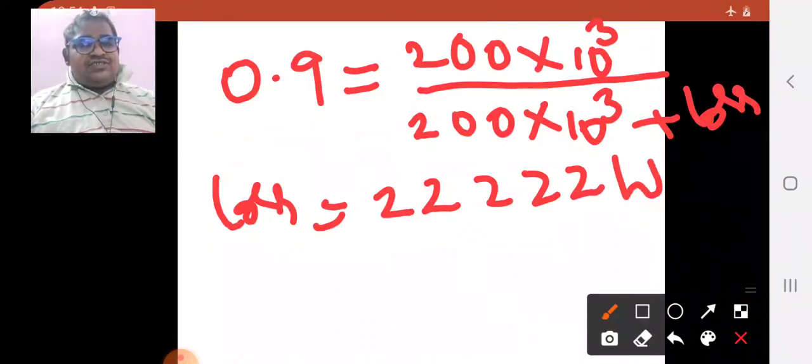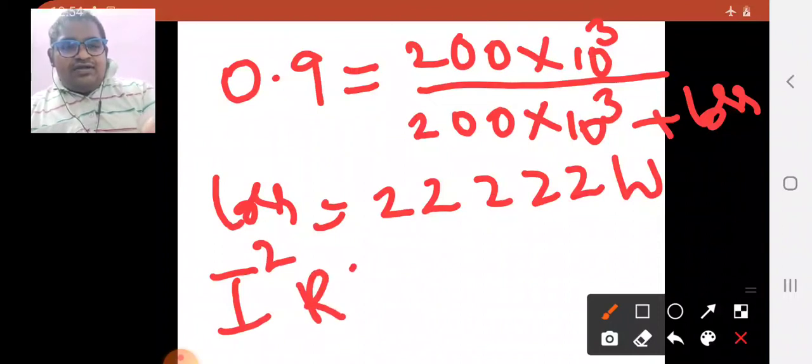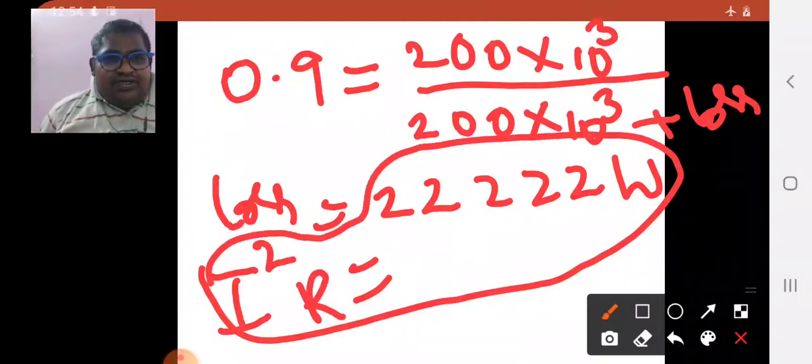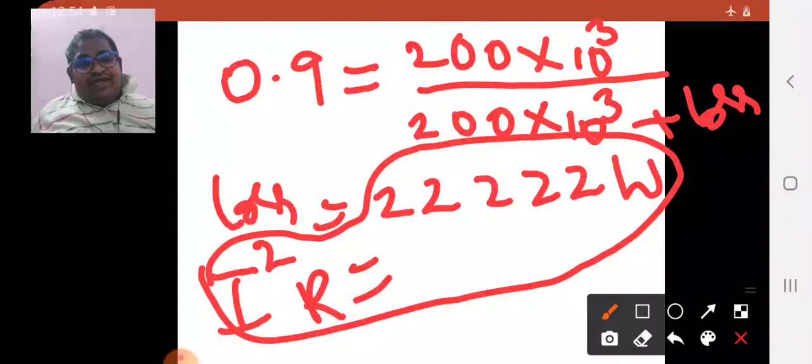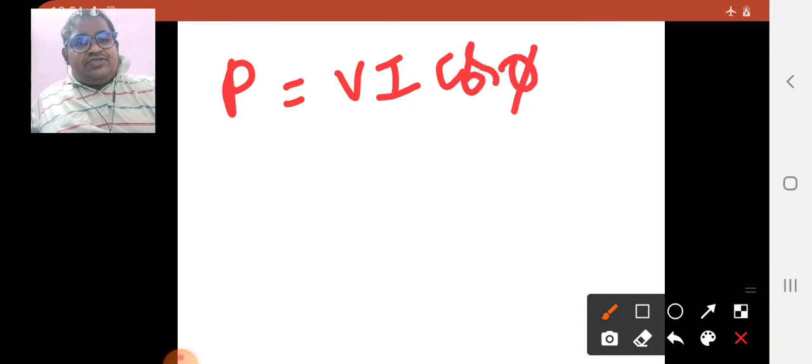What is this loss? This loss is equal to I square R. So now you need to find the value of R. Before that you should know the value of capital I. How do you find I? The power is given, so we go to the power equation, P is equal to VI cos phi. Cos phi is unity, V is 3300 volts, and P is 200 kilowatts.